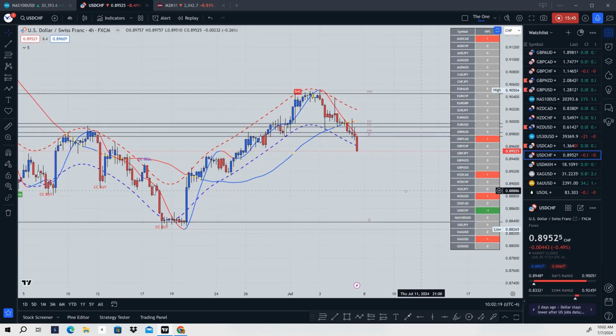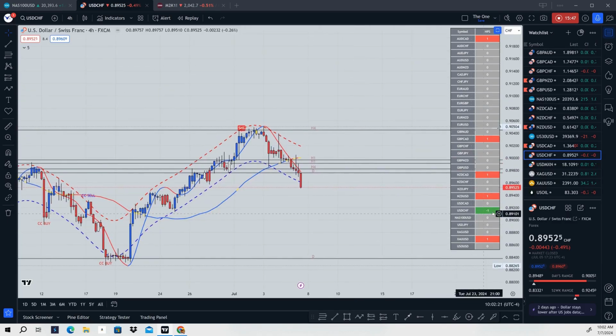Okay. So we have on the scanner a green signal, which means buy. Green means buy, red means sell. So this is just a pullback. Okay. Price is going to pull back to go lower here on USD CHF. So the 4-hour is a pullback.